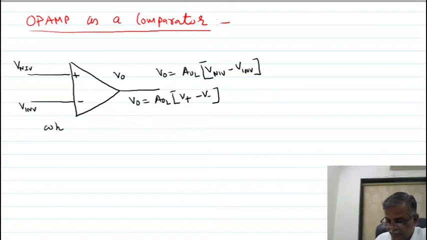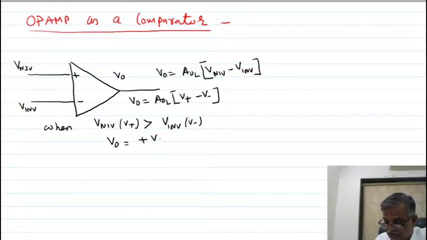When V non-inverting, or V plus, is greater than V inverting, then the output is plus VCC. If this voltage is more than this, the output is very large.